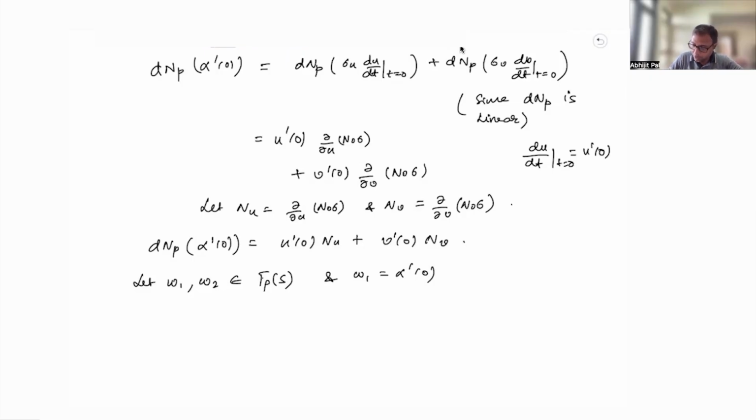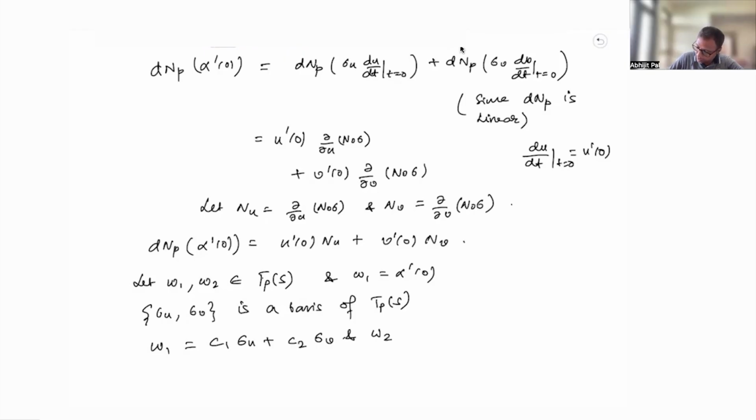We know that sigma U, sigma B is a basis of the tangent space TPS. So I can write W1 as W1 equals C1 sigma U plus C2 sigma B, and W2 is equal to D1 sigma U plus D2 sigma B.